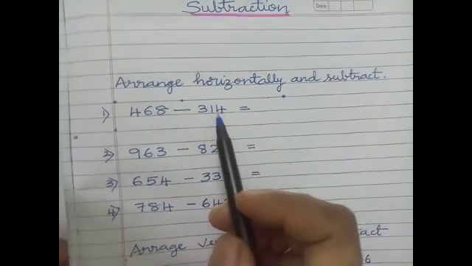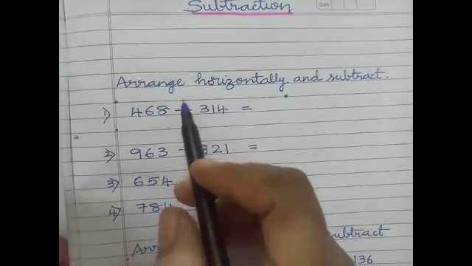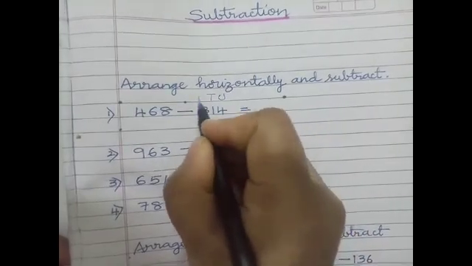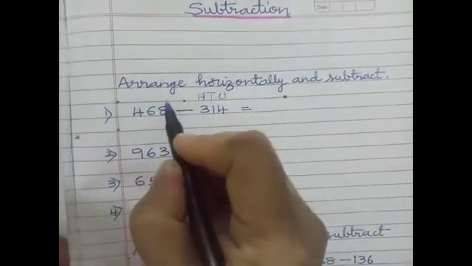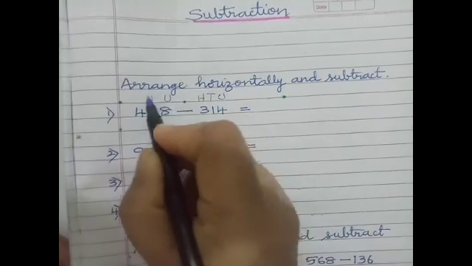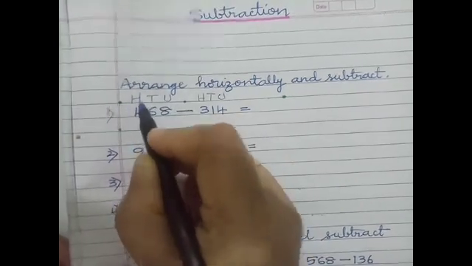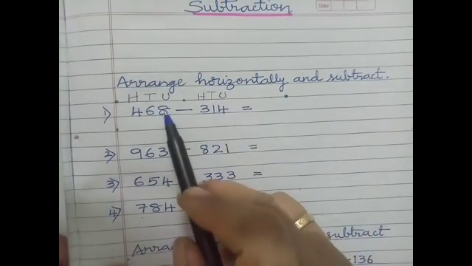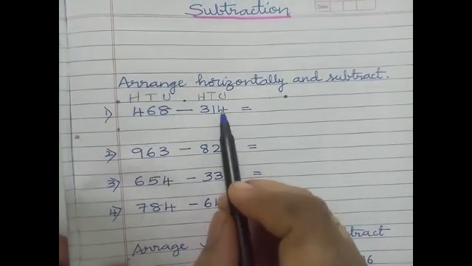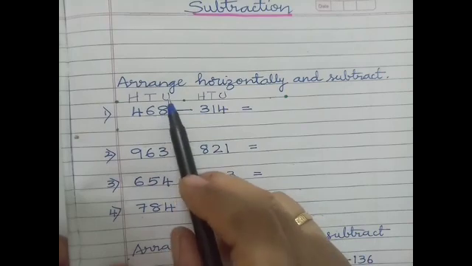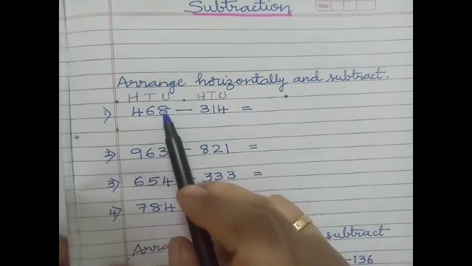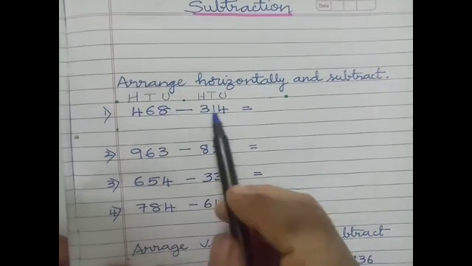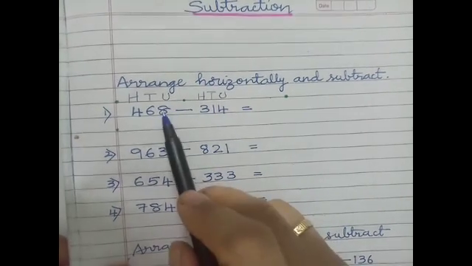Is that clear, children? Here you know that this is the units place, tens place, hundreds place, and in the same way units, tens and hundreds. Now 8 minus 4. In the units place, we have the bigger number 8, and here we have 4. So, subtract 4 from 8.